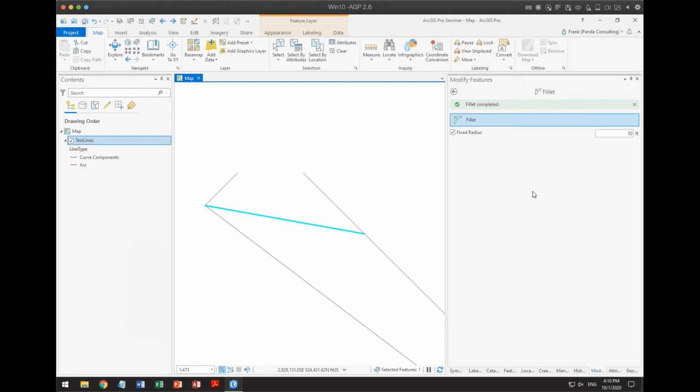They're lazy surveyors. If all they give you is a chord and chord bearing, don't go and calculate the central angle, because it's already going to be rounded then. Just use what you're given, use the chord and chord bearing to input the curve. All right.